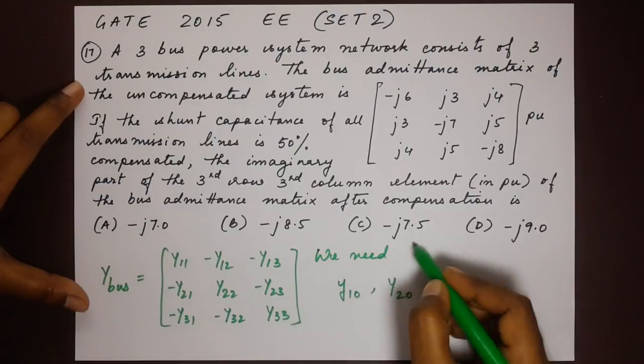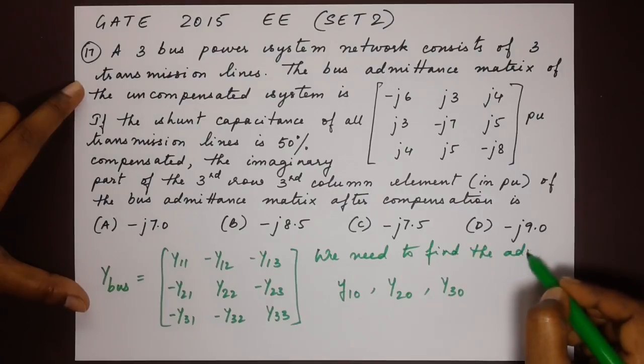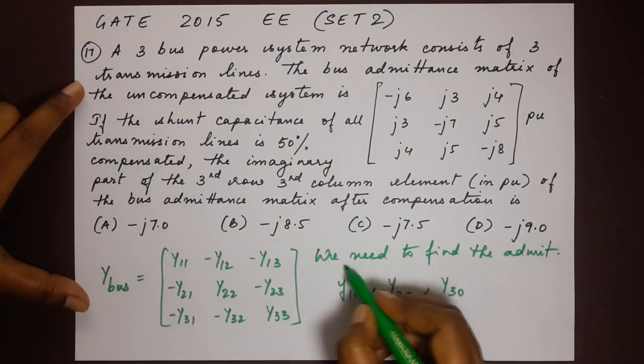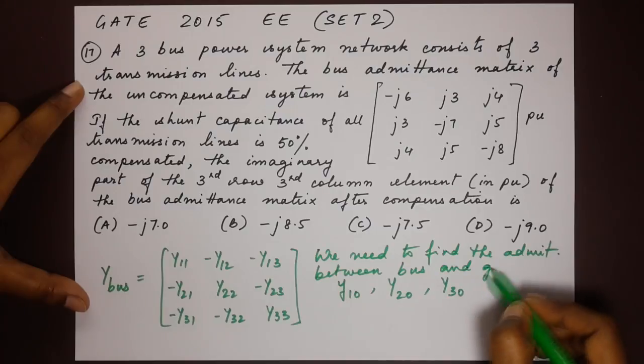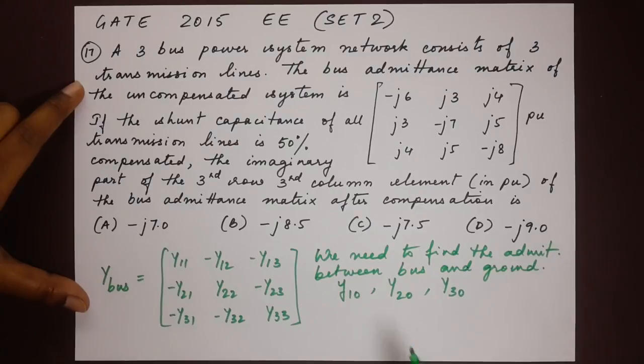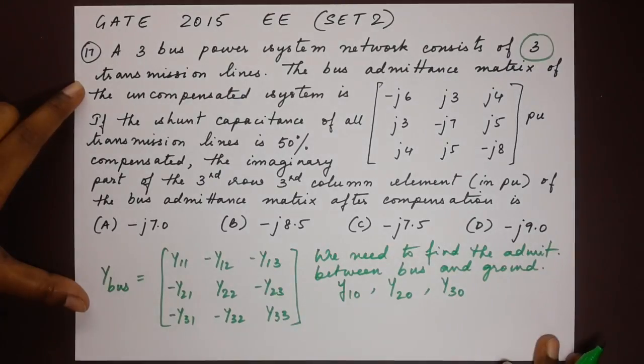We need to find the admittance between bus and ground. So these are the 3 components, Y10, Y20 and Y30, indicating the admittance between the bus and ground for each of the 3 lines. Okay, so now how do we get these 3?